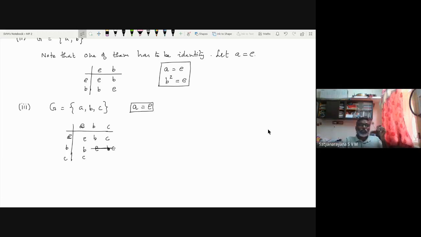So we can have only C here and E here. The moment I understand this, I should have E here and C here, B here.